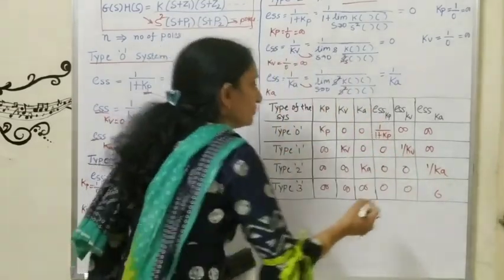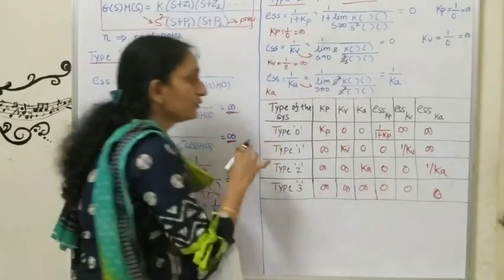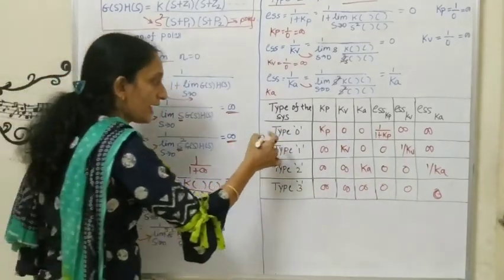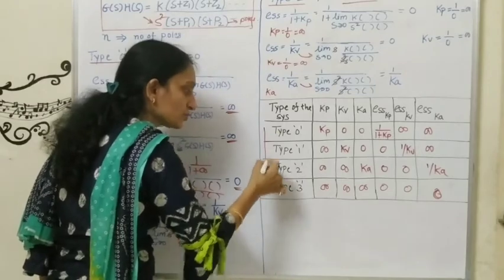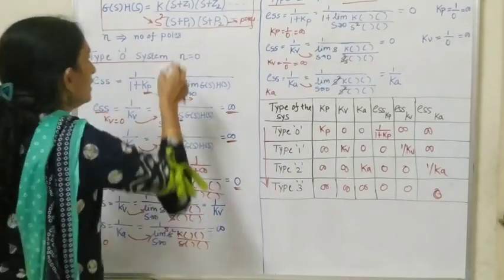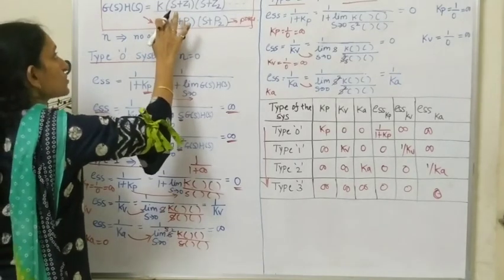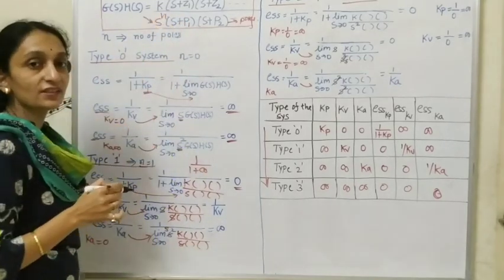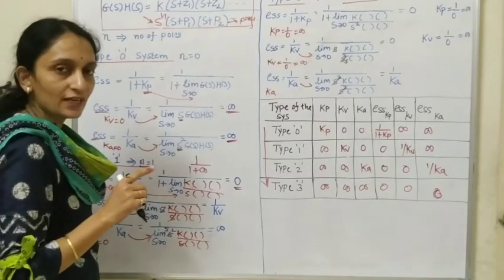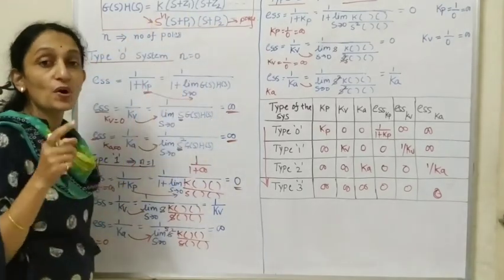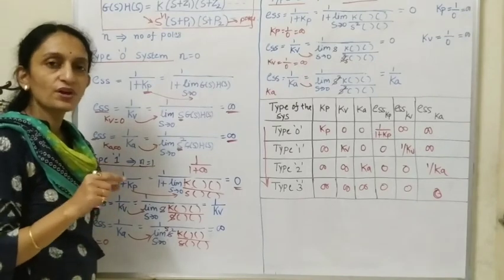Now look at this table carefully. Here the type of the system is increasing, and look at this transfer function carefully. Now I am replacing this 2 with n because this is the generalized form. You know that I have introduced the term type of the system here. You know order of the system. So what is order of the system?